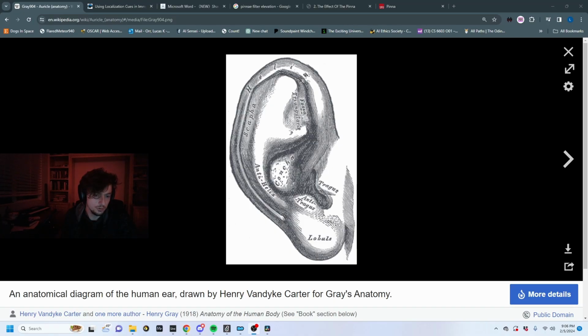Also, fun fact, you know how there's a large resonance at around 2 to 5 kilohertz, and sounds really loud around there? So you have to be mindful when mixing, and you typically turn sounds down there. The reason that resonance is there is because your ear canal is effectively a tube, and tubes resonate at frequencies, and it happens that that's just your tube resonating at about 2 kilohertz.